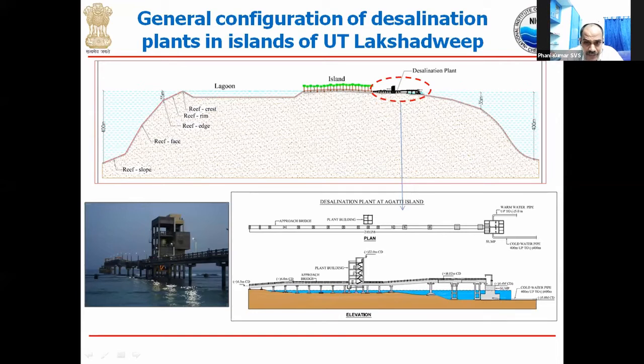They are optimized in such a way that each span is around 22 meters or so. In the deeper section, that means beyond the breakwater, what we did for Agatti is even the piers are cast as caissons.